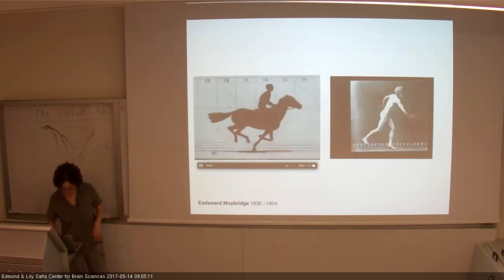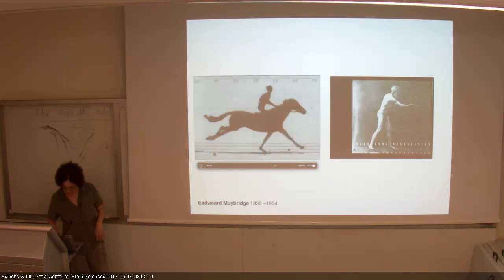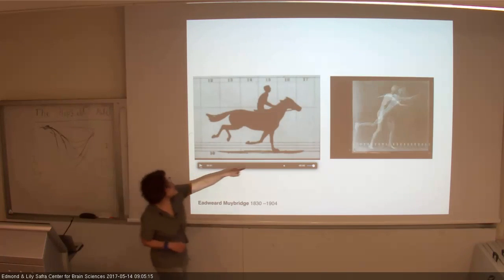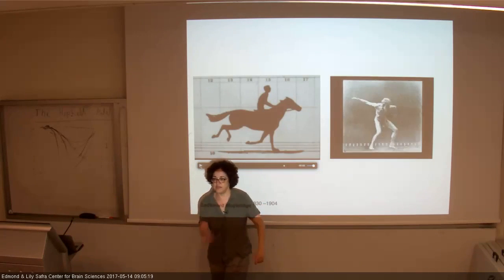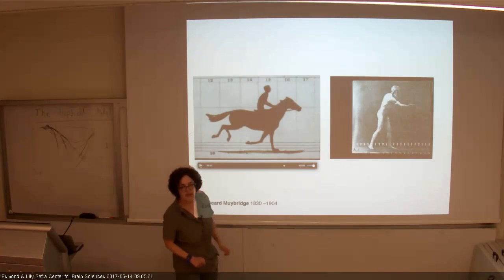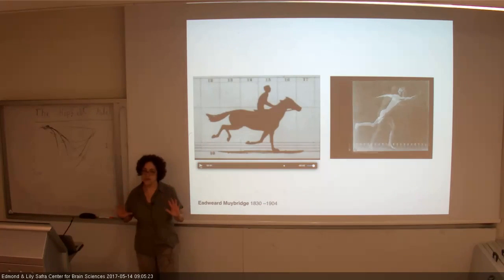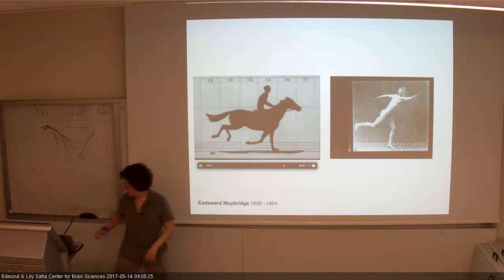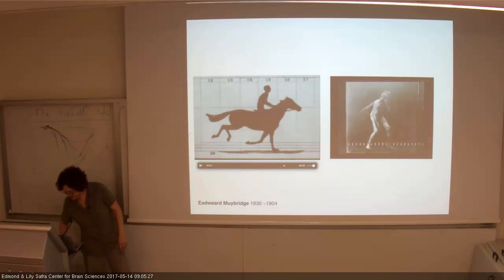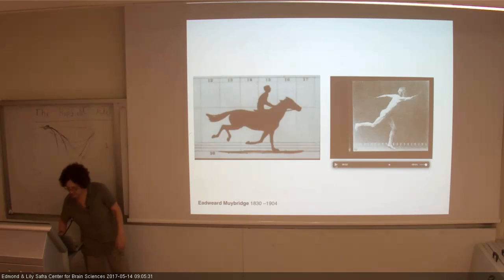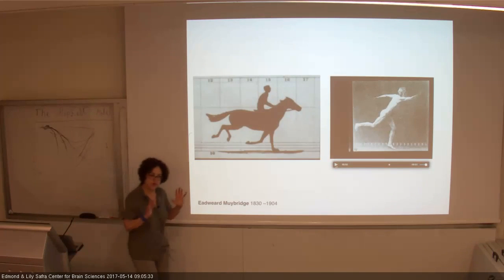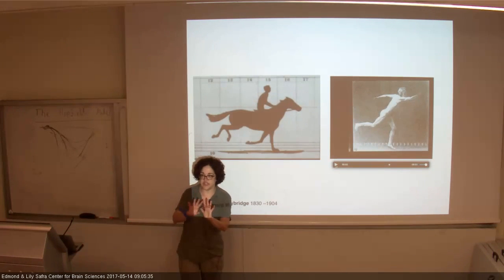The second example that he used is actually himself. He took photos of himself throwing this stone. His idea was that if he put several cameras around the scene, he could take single frames and then generate a movie.